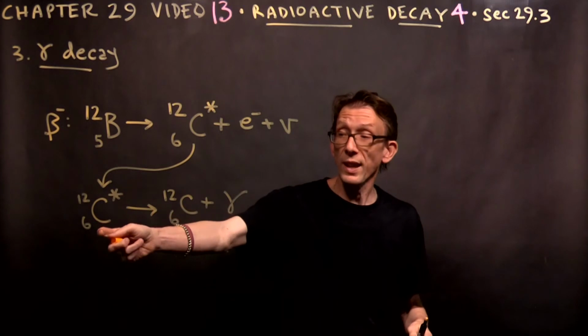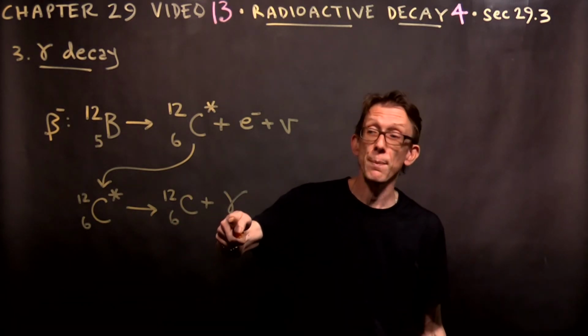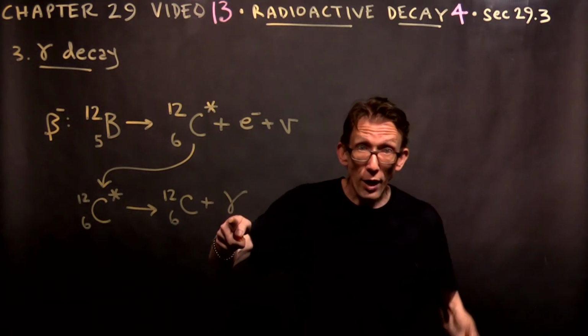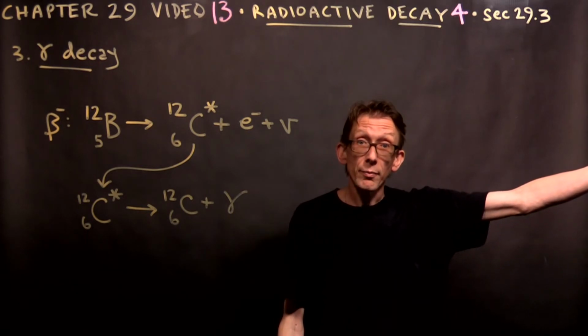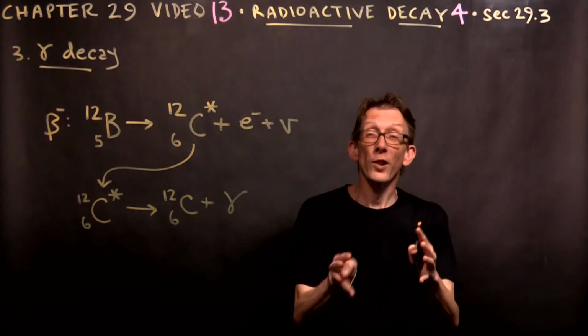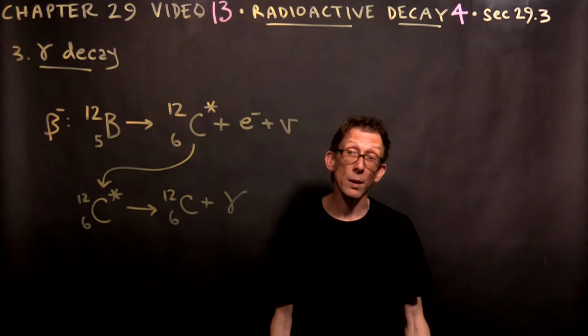When it decays to its ground state, it emits light. A gamma particle is simply light, but it is a gamma ray on the high end of the electromagnetic spectrum. That's why they're called gamma particles, because they were first discovered in radioactive decay.